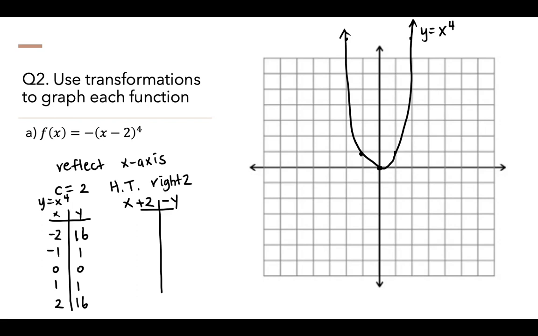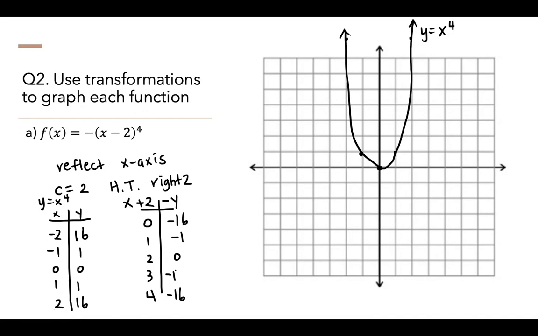So I'm going to plug a negative 2 into x, which becomes 0, 1, 2, 3, 4. And I'm going to plug in negative 16 into negative y. So negative 16, negative 1, 0, negative 1, and negative 16.